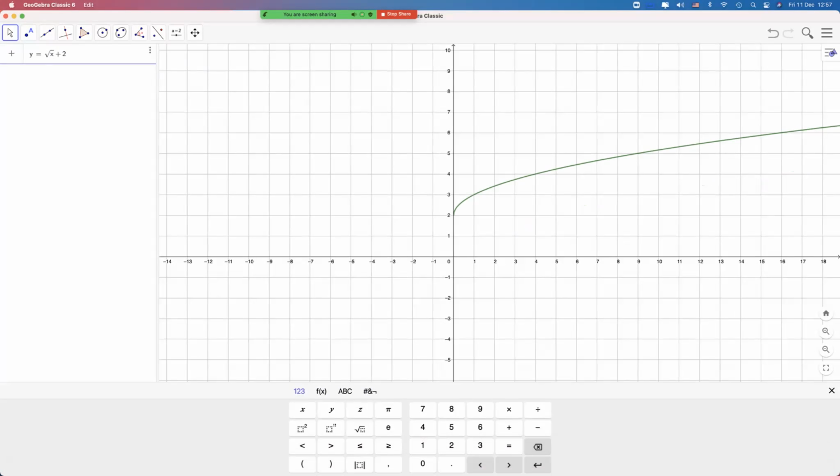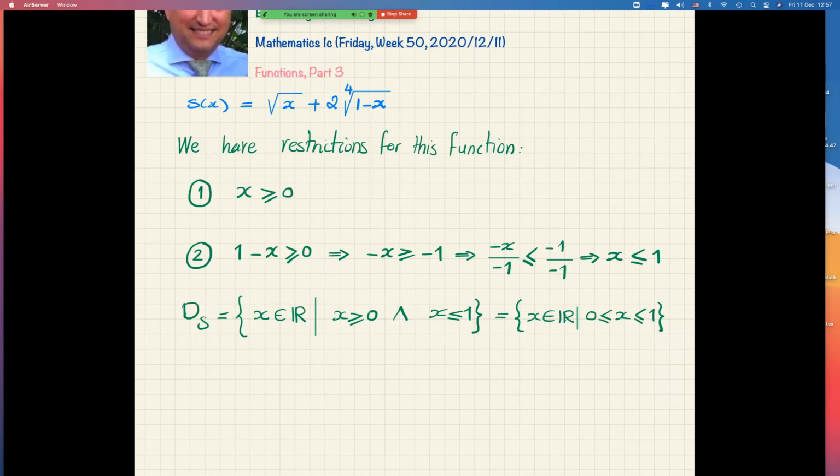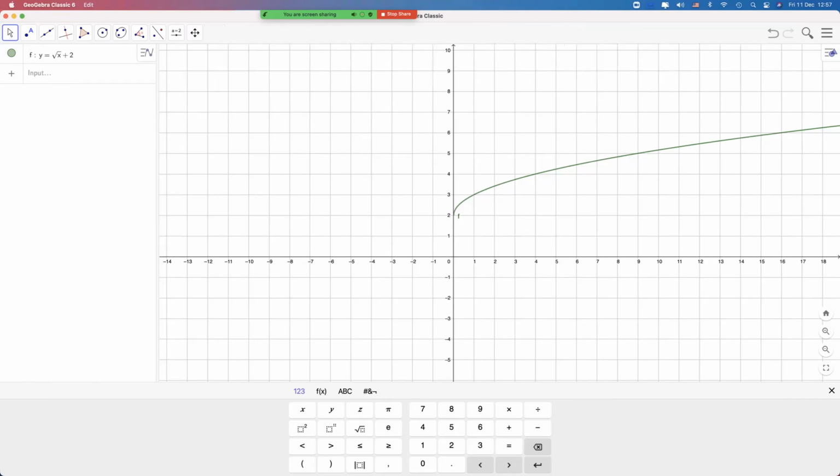Can you see the GeoGebra? Isn't there like a squared symbol? I think there's like a squared symbol. No, but I have the fourth root now. You remember, let me show you, the function is 2 times the fourth root of 1 minus x. But if I want to punch this in GeoGebra, if I go back here, I have these symbols.